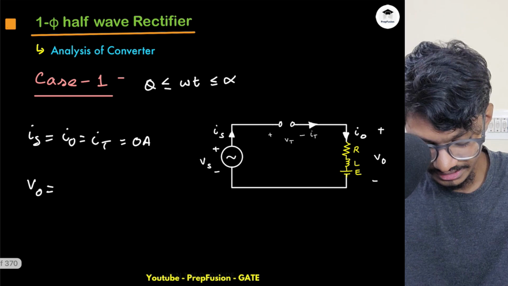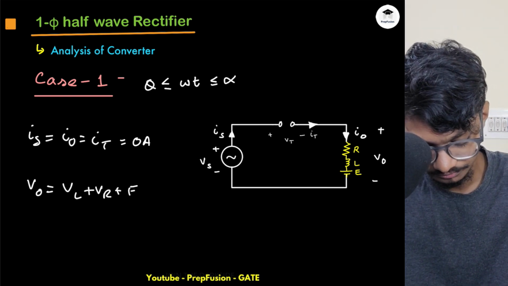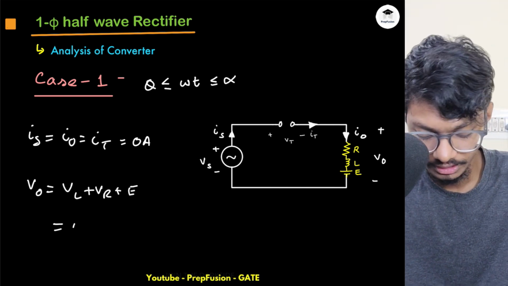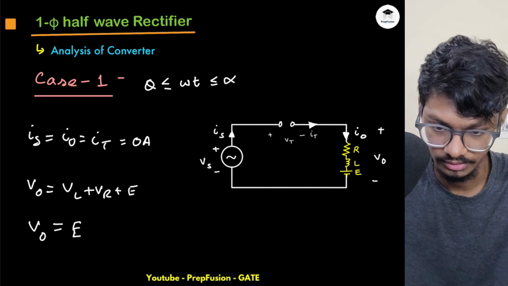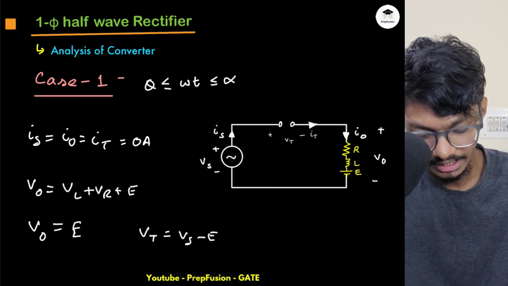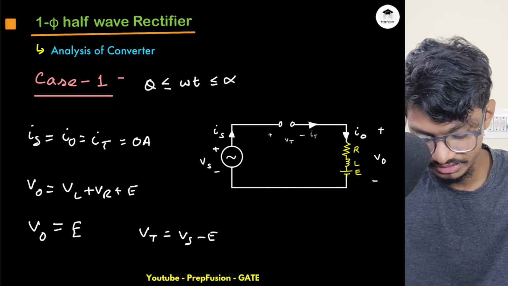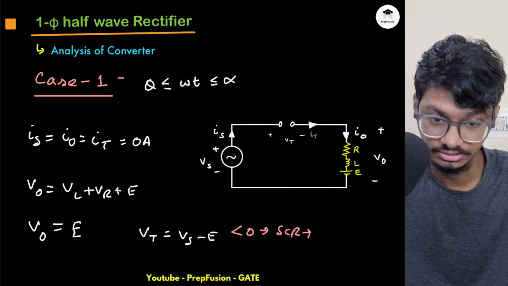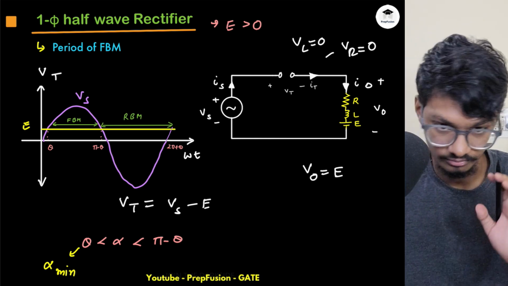VO is VL plus VR plus E, and VL is 0. As VL is 0, VR is again 0, because IO is 0. Hence VO will be simply equal to E. And my VT is simply VS minus E. I know VS is less than E in this region, so obviously it will be less than 0, hence SCR is in the reverse, sorry, I told you wrong.